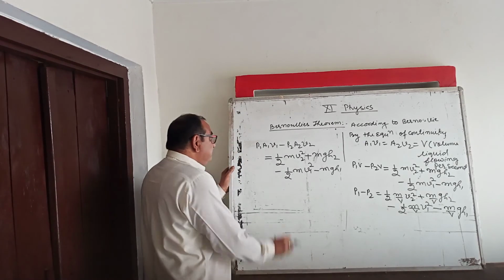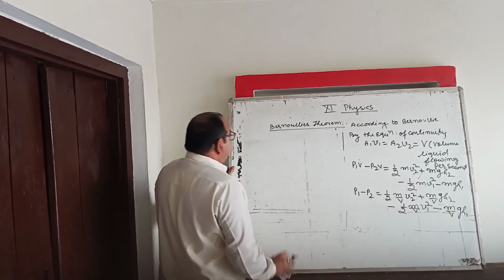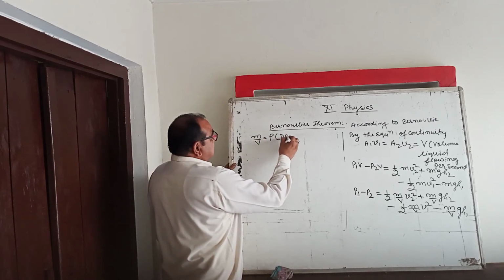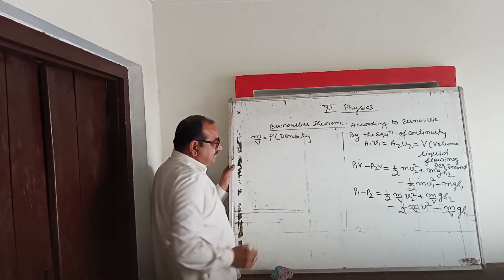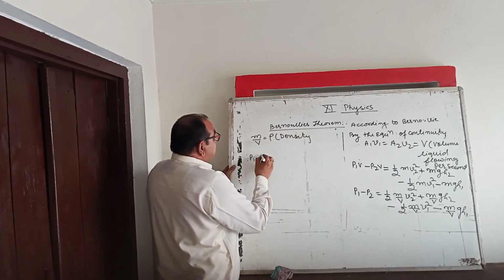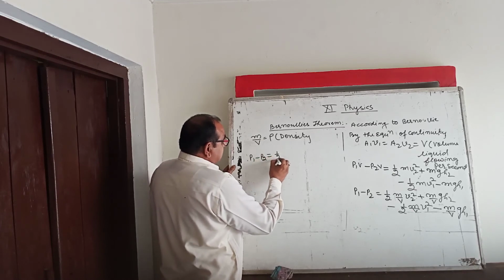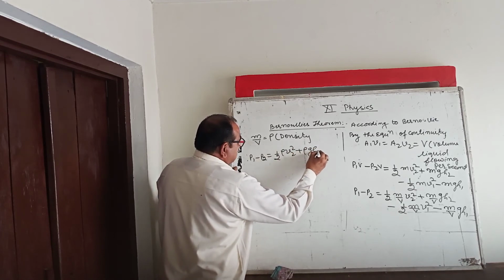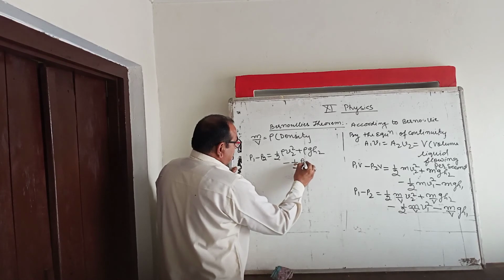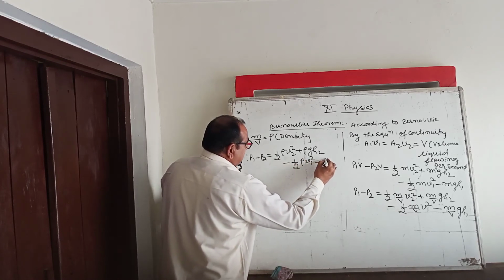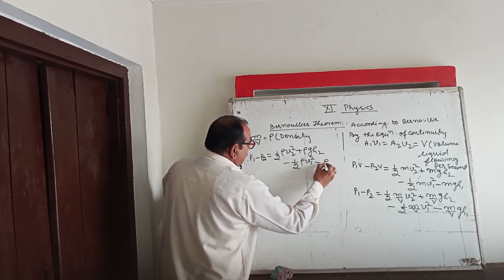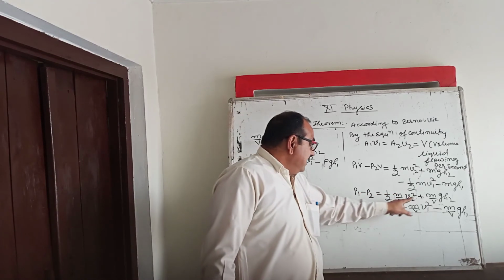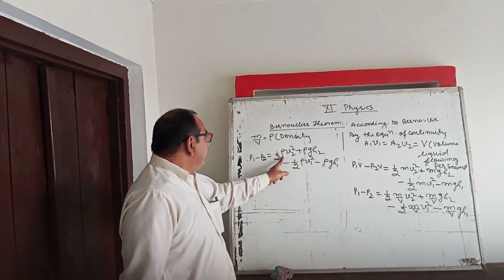What is m by V? M by V is the density, mass upon volume, equal to rho. So P1 minus P2 equal to half rho v2 square plus rho g h2 minus half rho v1 square minus rho g h1. In place of m by V, I write rho.